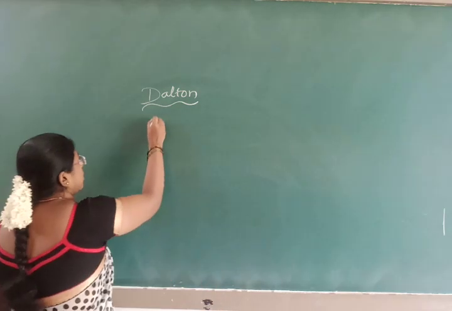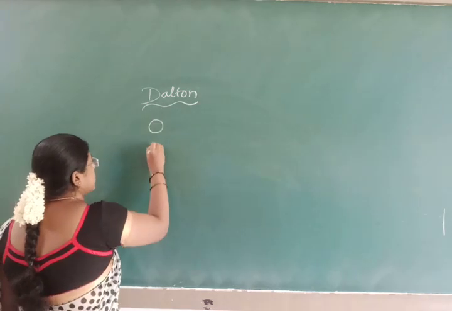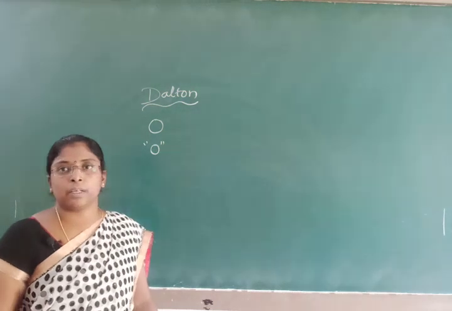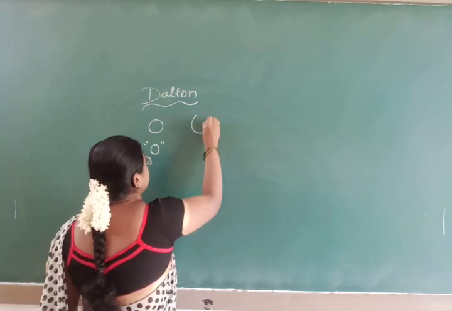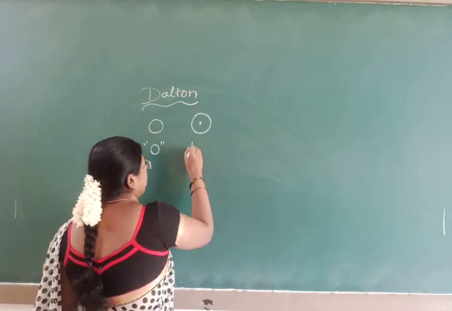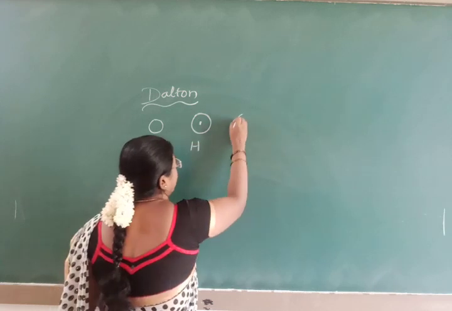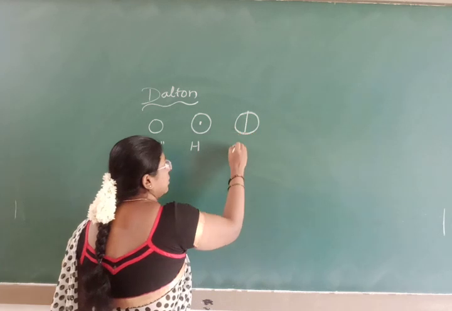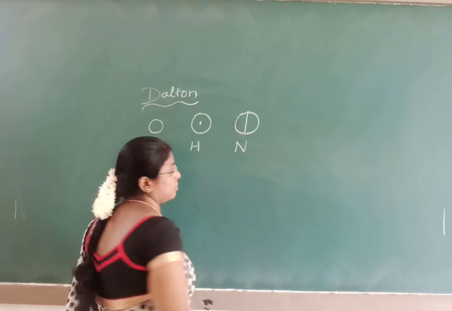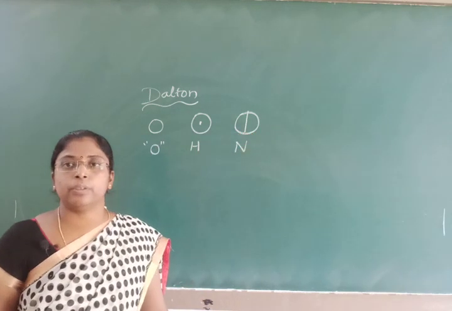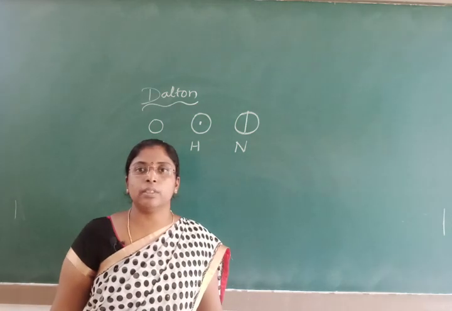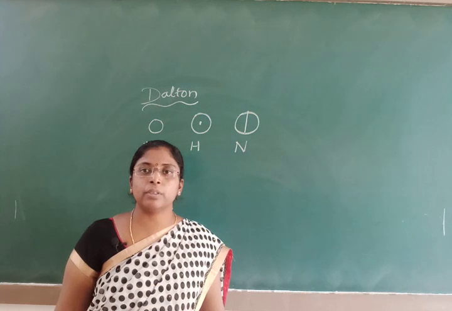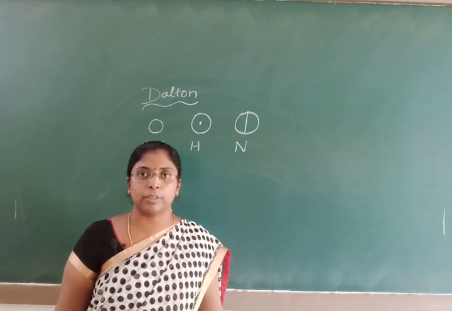Dalton gave a circle for the oxygen atom, a circle with a dot in the center for hydrogen, and a circle divided by a line for nitrogen. It was very difficult to remember the symbols in terms of figures.